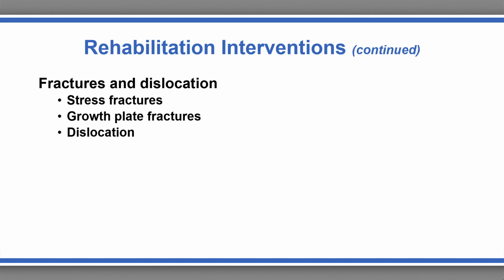For a dislocation of the hip to occur, a large violent type force would be required. So it may be possible in very high energy type sports where there's external force applications. So examples might be in downhill skiing or in soccer or football or rugby.